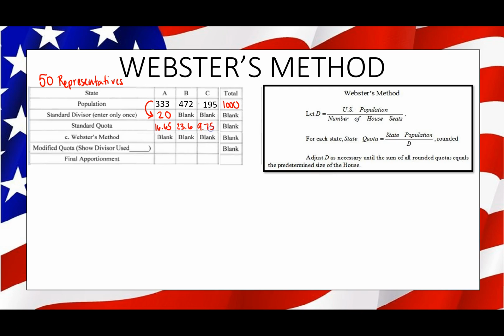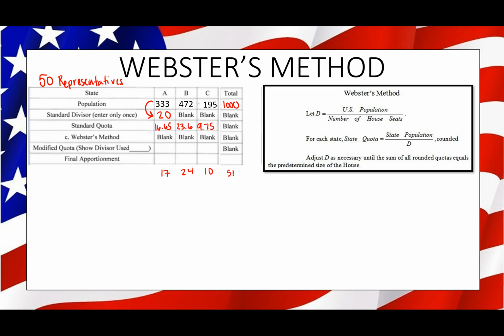So I like to write this below, but let's round properly and see if we get to 50. We're hoping that we do. Well, 16.65 rounded up is 17. 23.6, we're going to round that one up, we get 24. 9.75, we have to round that up as well, and that's going to give us 10. All right, so let's do 17 plus 24 plus 10, and I'm guessing, yep, that's 51.